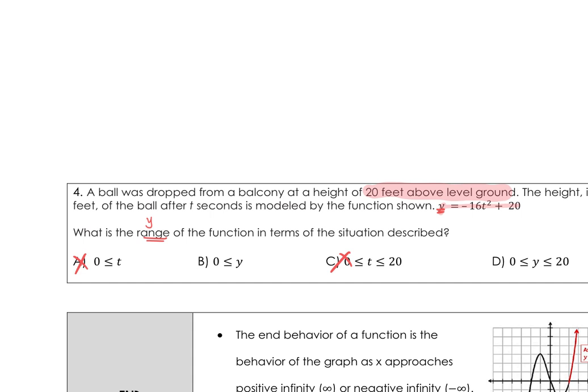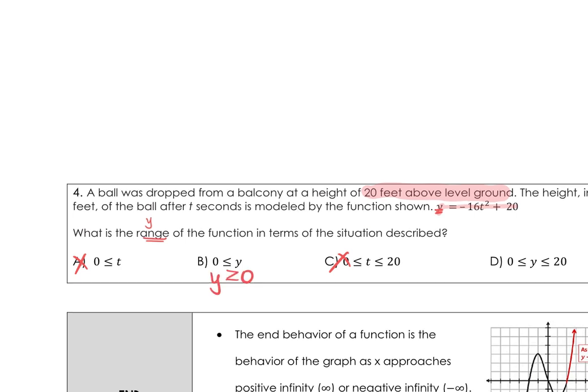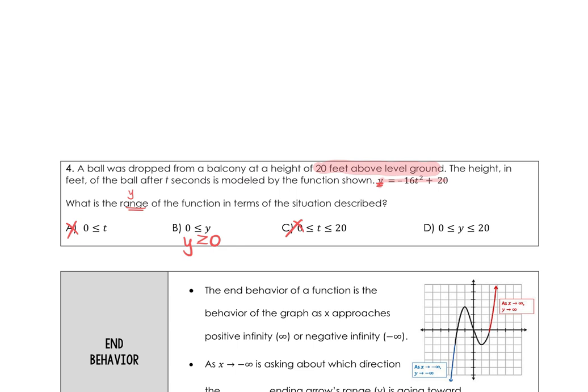I'm going to turn B around because I don't like this. I'm going to rewrite this as y is greater than or equal to 0. Are the possible values for the height y anything greater than 0? Remember, you're on a balcony 20 feet above the ground and you drop the ball. Or are the possible values between 0 and 20?